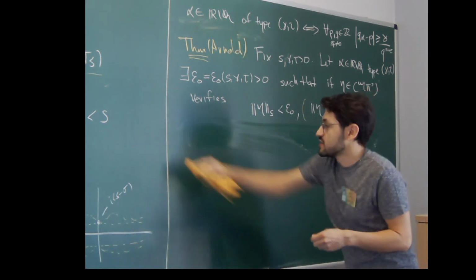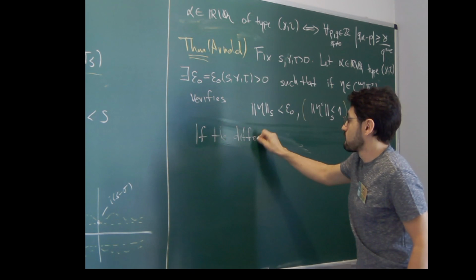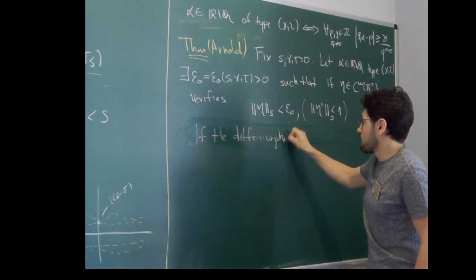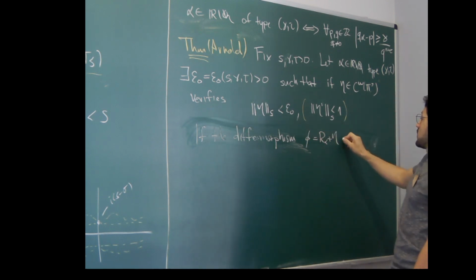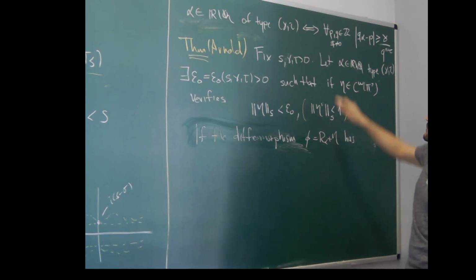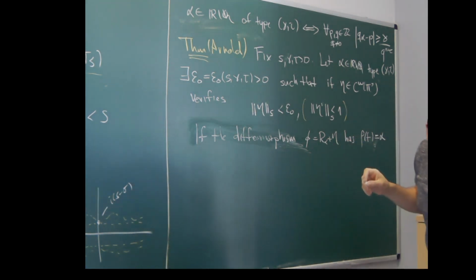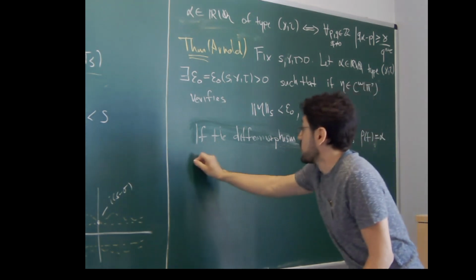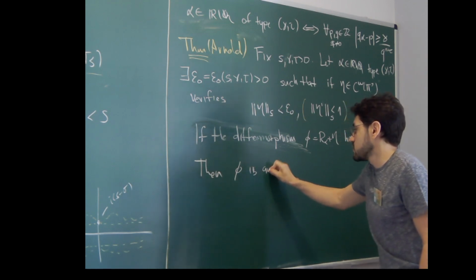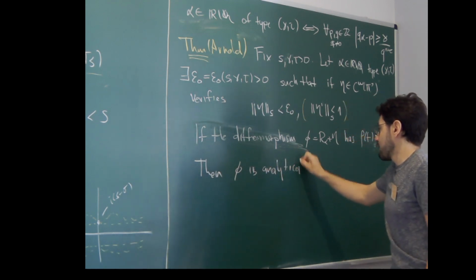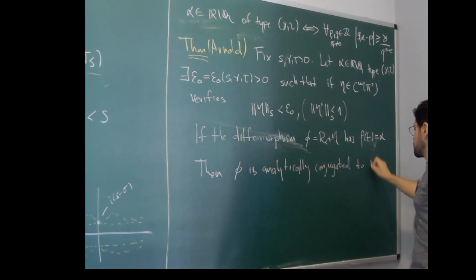Now, because of the lemma, this already is a diffeomorphism, so what I want to say is that if the diffeomorphism phi equal to R alpha plus eta has rotation number equal to alpha, then my perturbation phi is analytically conjugated to the rotation.